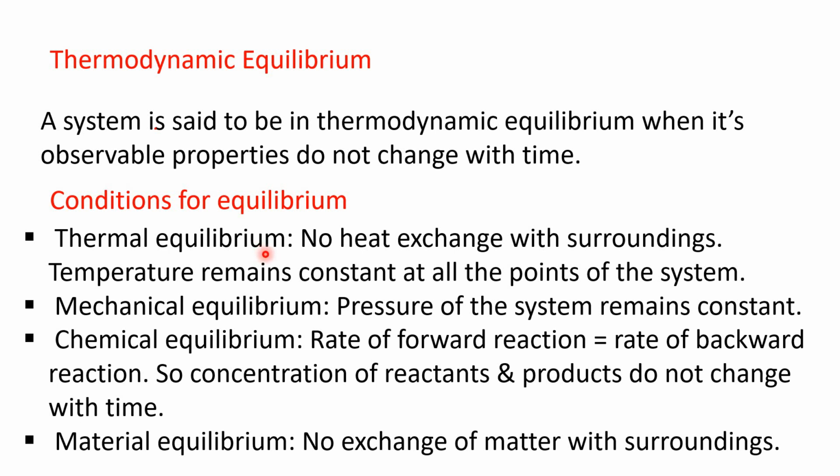That means the number of moles of the reactants or products will not change with time after reaching equilibrium, so concentrations of reactants and products do not change with time. Then material equilibrium, which means there will be no exchange of matter with the surroundings, so composition or number of moles of the components will not change with time. That is possible for the closed system.